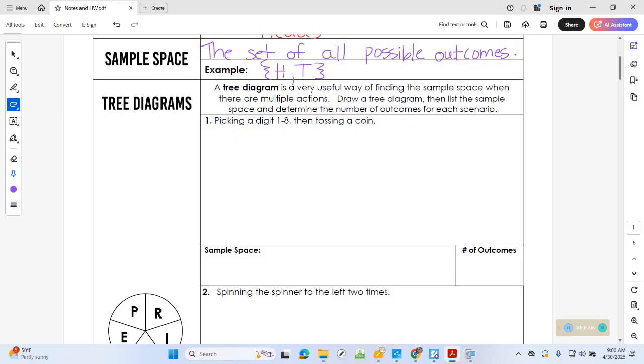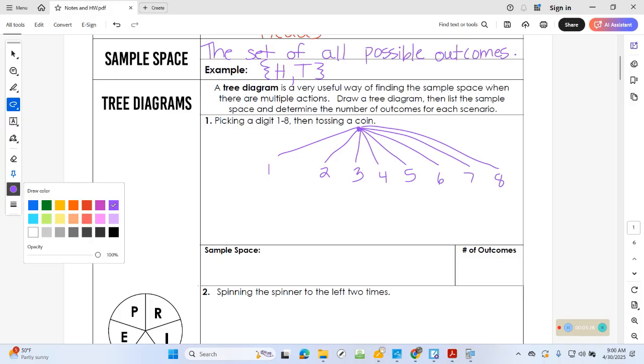So I'm going to start with just a dot here in the middle. Now, we're talking about picking a digit 1 through 8. So we're going to have all these branches, 1, 2, 3, 4, 5, 6, 7, 8. Okay, still going.